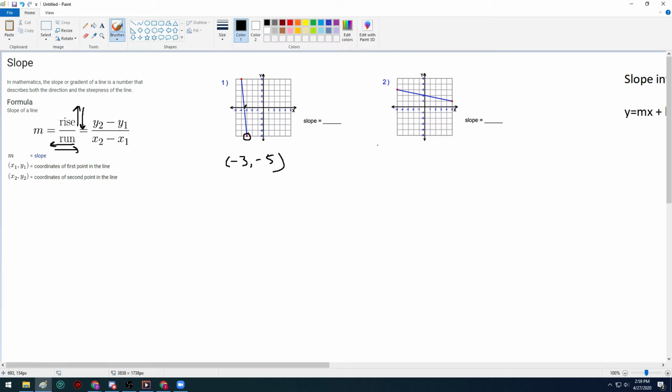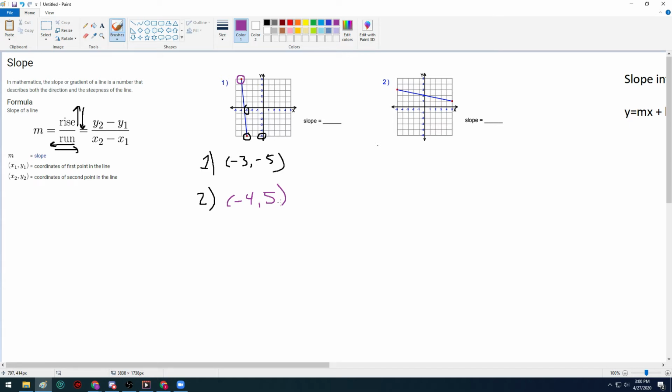So we go to -3, going over to -5. So this is our coordinate 1. Now for our coordinate 2, what do we have? Well, if we look up here, our x value is -4, and our y value is 5.